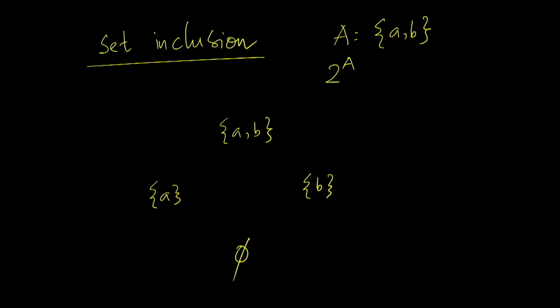So, in the Hasse diagram, we find that the empty set is included in the singleton b, the empty set is included in the singleton a as well. So, we draw lines in this manner to show that phi is less than or equal to b. Here less than or equal to stands for the subset relation, and similarly we have lines of this sort too. So, this is the set inclusion partial order for two member elements.